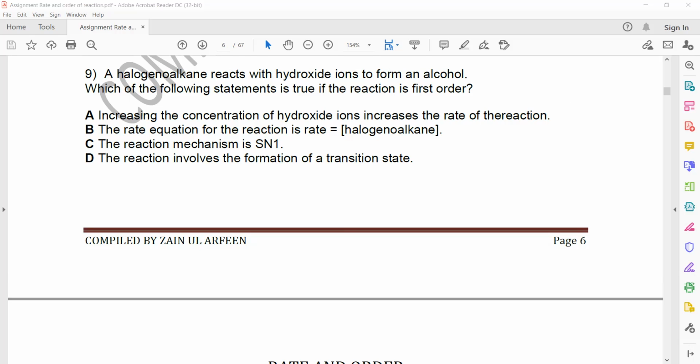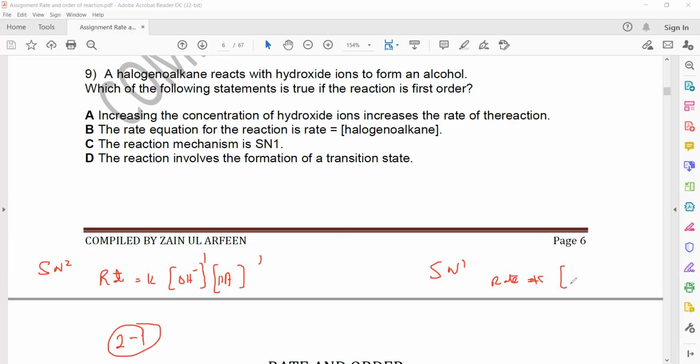Because when we write the rate equation for SN2, rate equals the concentration of OH and the concentration of halogen alkane, so overall it is second order. But for SN1, because the rate only depends on the concentration of halogen alkane, it is overall first order.